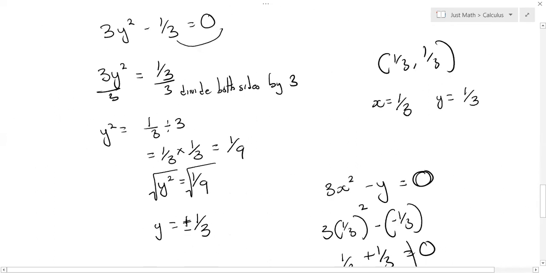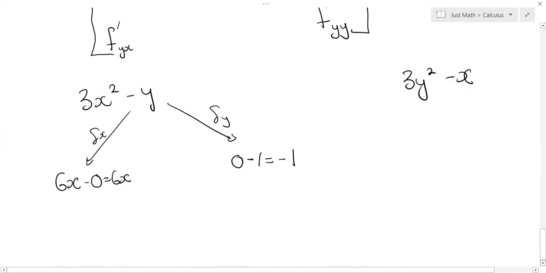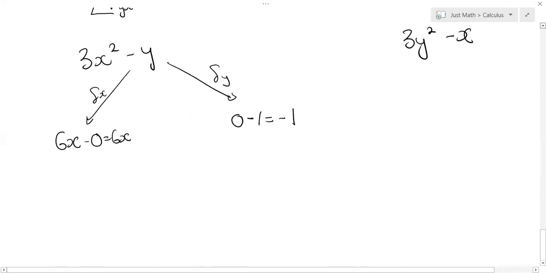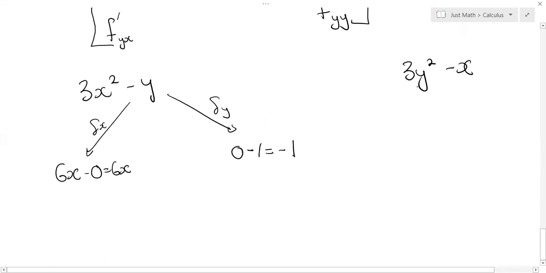I'm just now doing the second partial derivative, with respect to x and with respect to y. Obviously, with respect to x, if we take the y as a constant, everything is 0 minus the derivative of x with respect to x, which is 1, so 0 minus 1 equals minus 1.